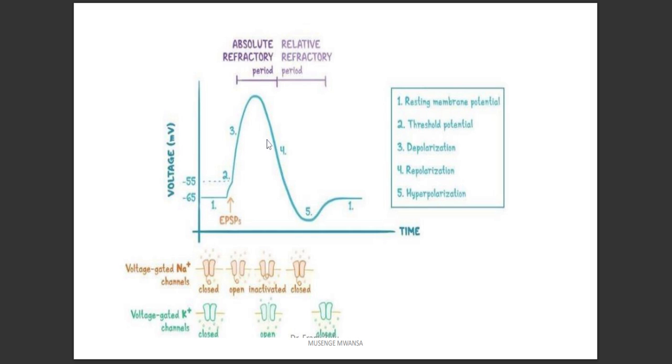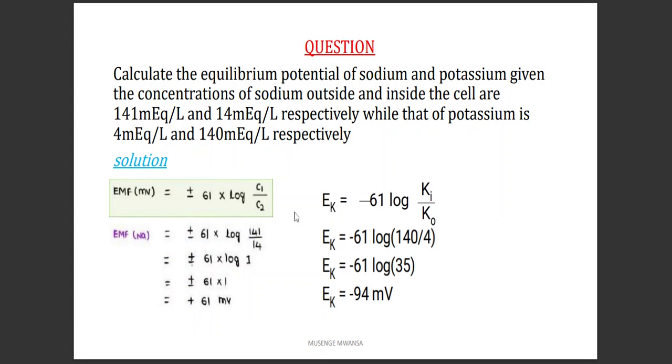When we reach the top, we start coming down. That is repolarizing. But if I exceed, instead of just reaching negative 65, I go down, that is hyperpolarization. And then I'll come back to the normal state, and that is called the resting membrane potential because the cell is at rest.